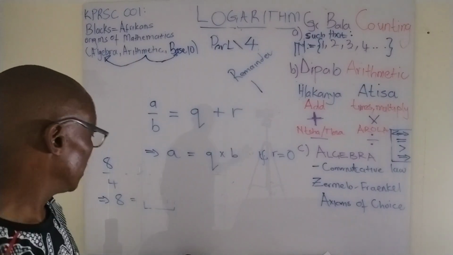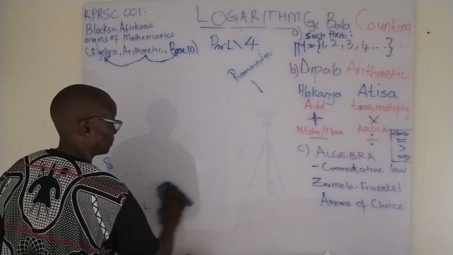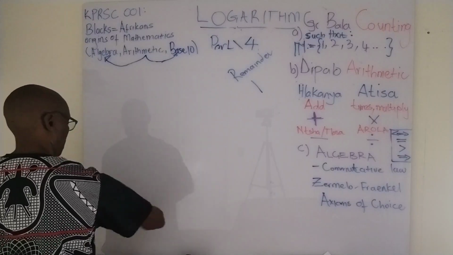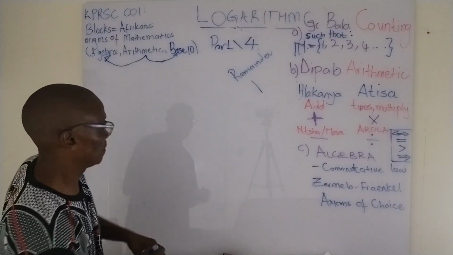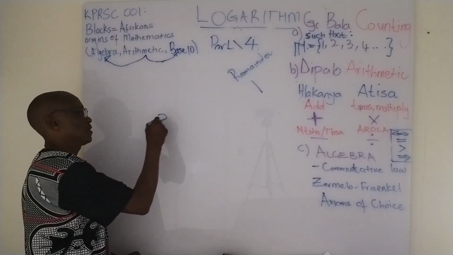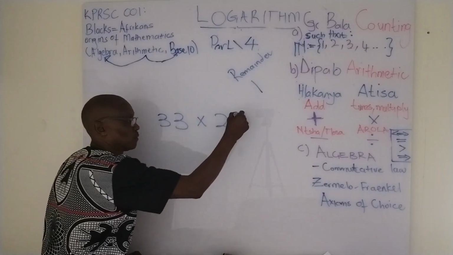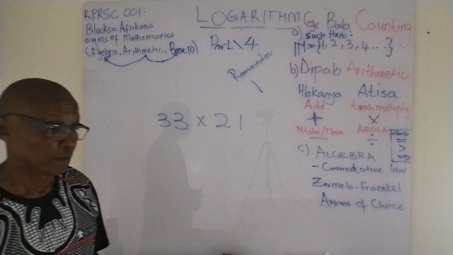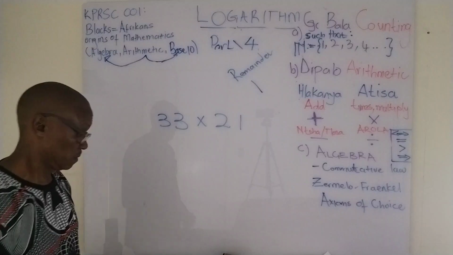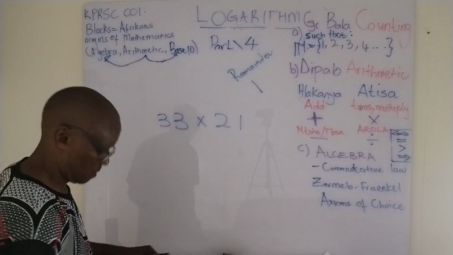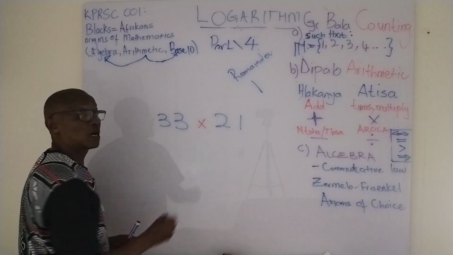Now, I won't let you go until I give you an exercise to see the implications of this. I want you to do the following for me. 33 multiplied by 21. I'm talking to children now, but anyone can do this. Let's write the multiplication in red. What's the answer?